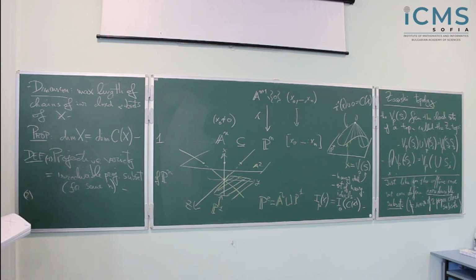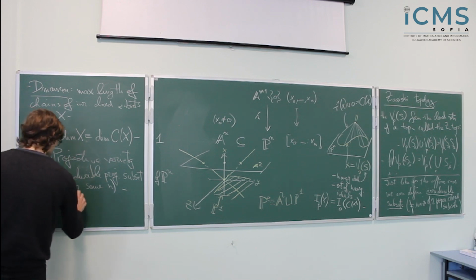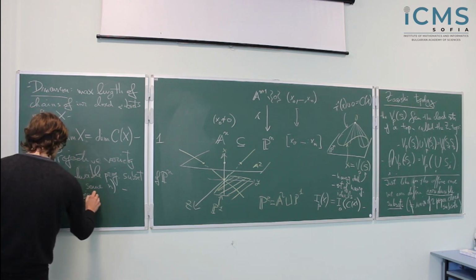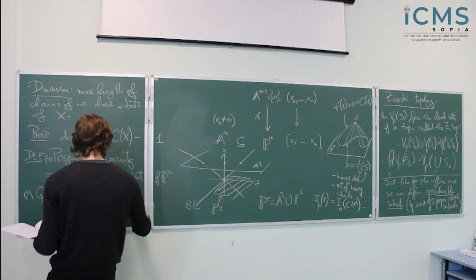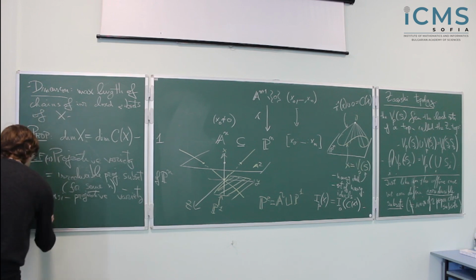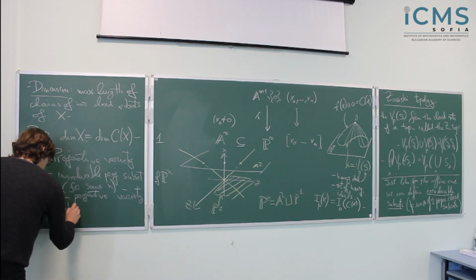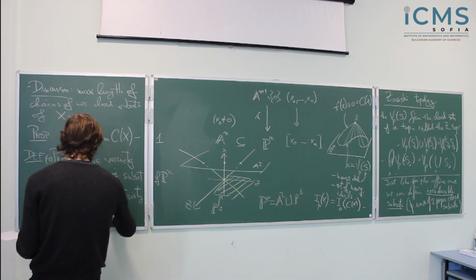And we will also call a quasi-projective variety an open subset of some projective variety.